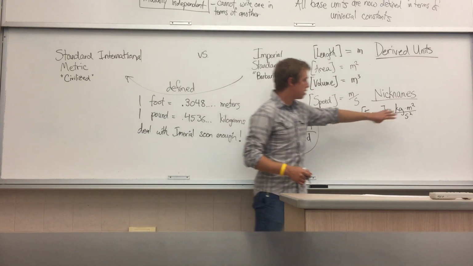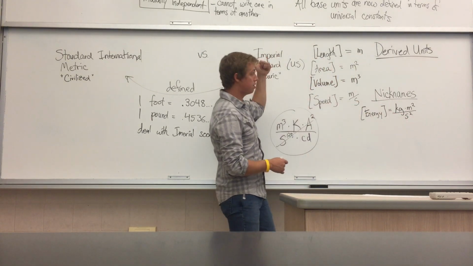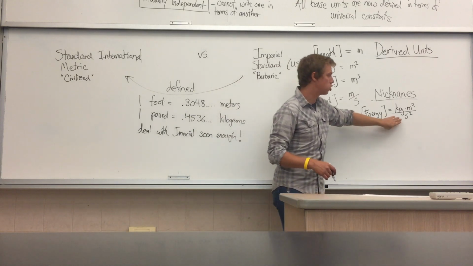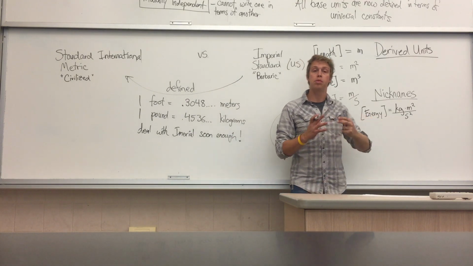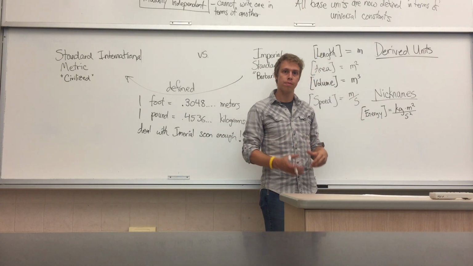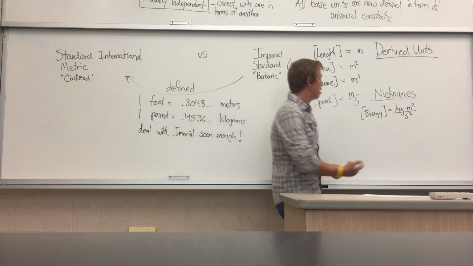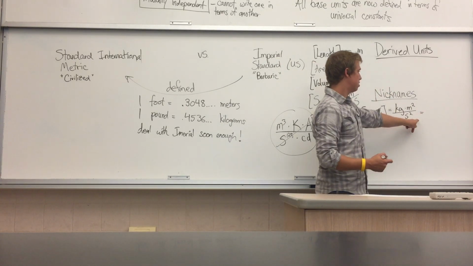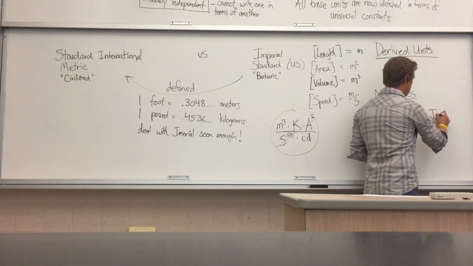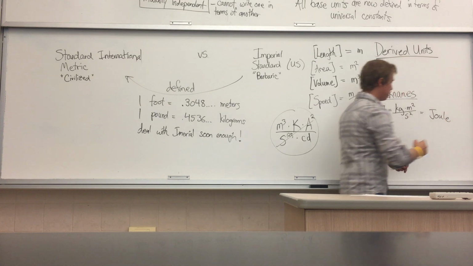Okay? This combination of those base units gives us a derived unit, and that happens to describe an amount of energy. There's a nickname for it. The nickname is a joule. Okay?